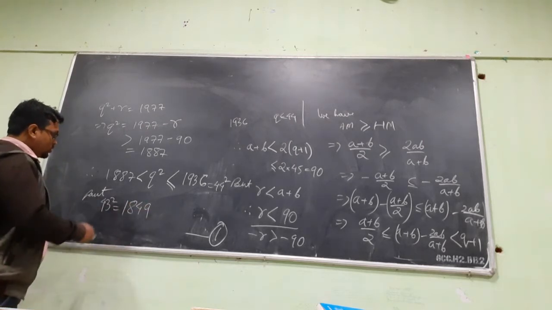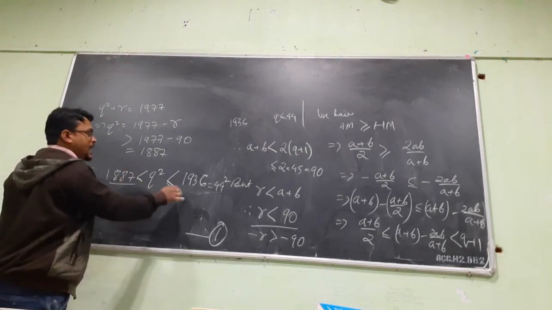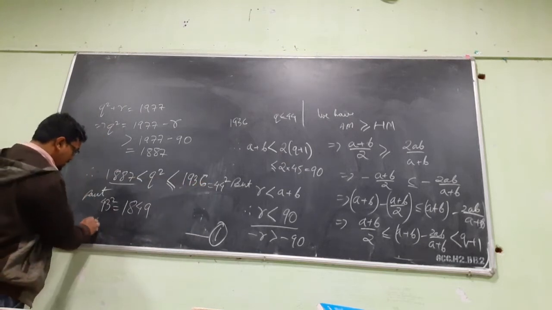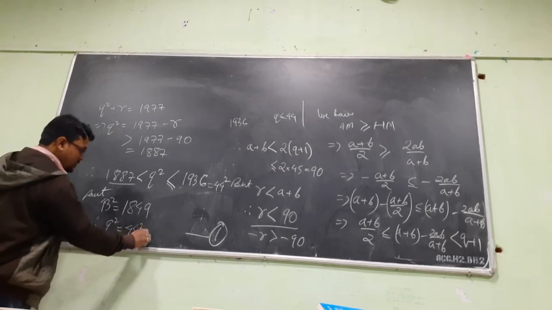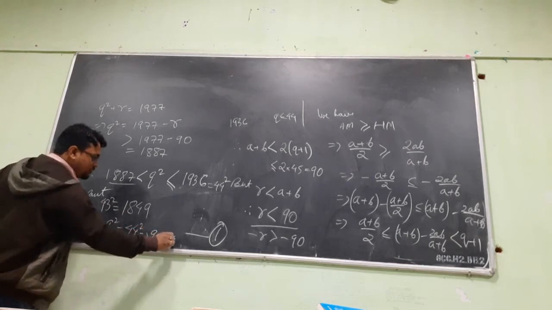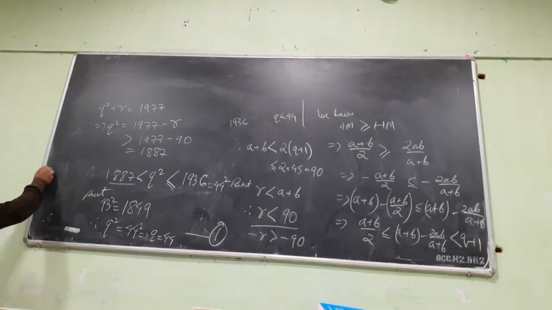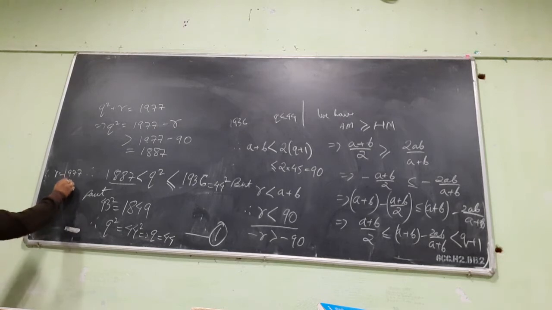Okay, so there is no other perfect square between this and this except 44 square. So ultimately q square has to be 44 square. Okay, this q should be 44. Okay, so what is r? r is equal to 1977 minus 1936. Okay, so what is that?